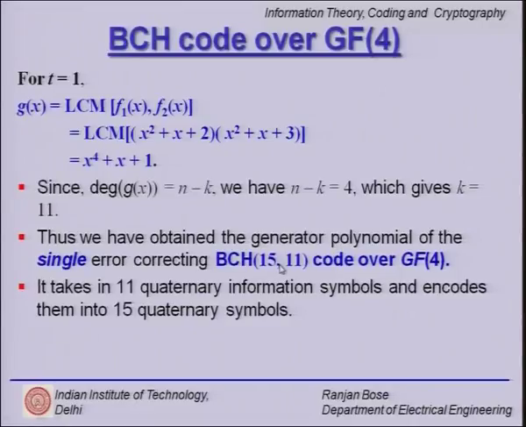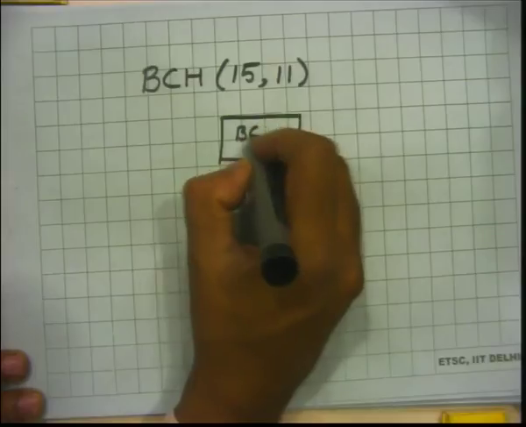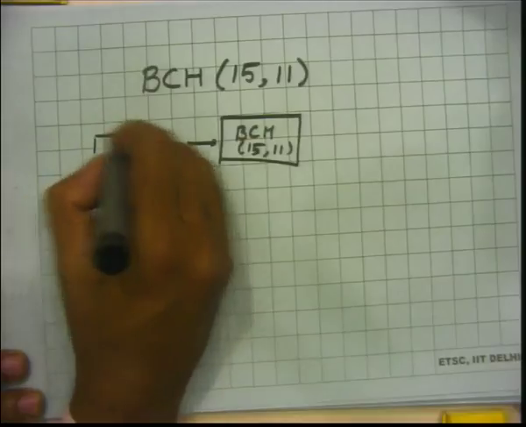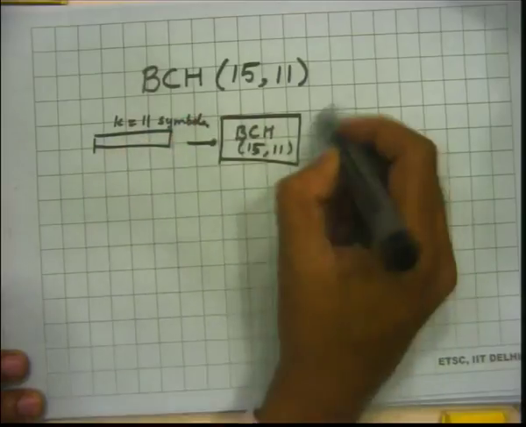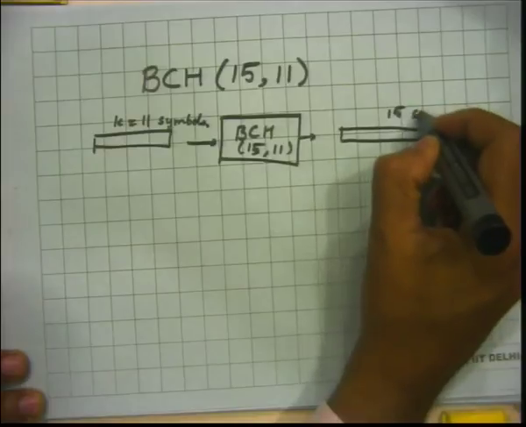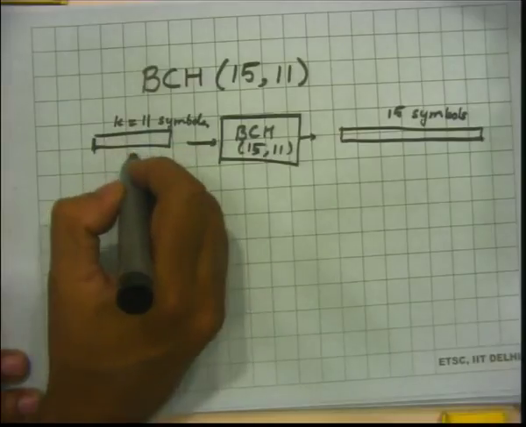So, what is the big deal? Let us look at this example a little bit more carefully. So, this is a BCH (15, 11) code. This block BCH (15, 11) always takes in k equal to 11 symbols and encodes them into 15 symbols. But please note, these symbols belong to GF4.